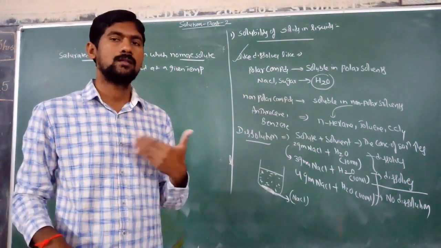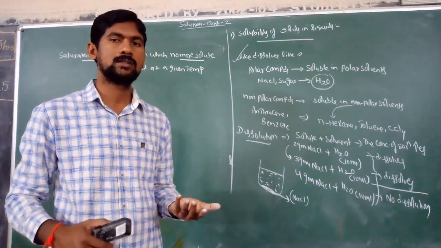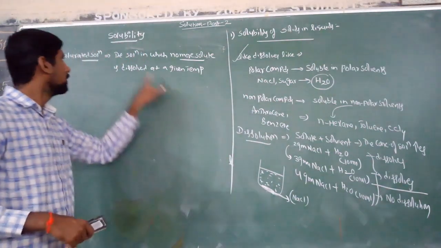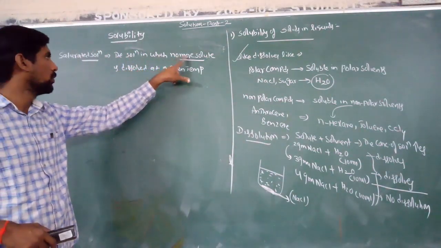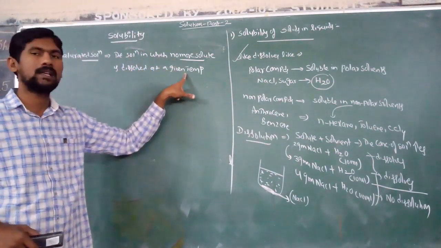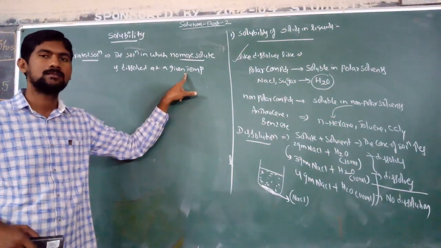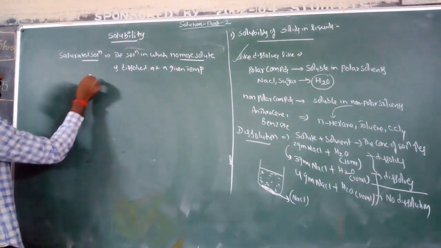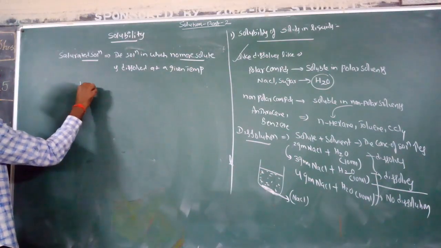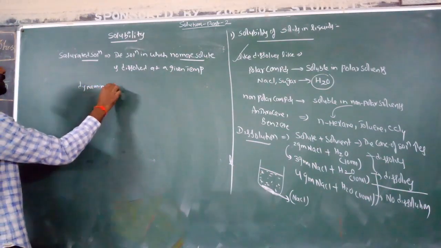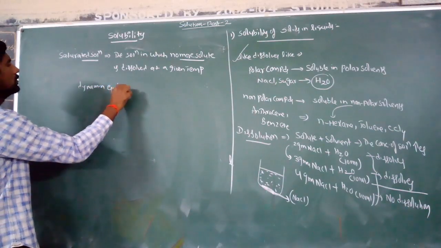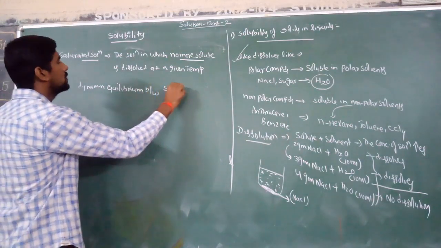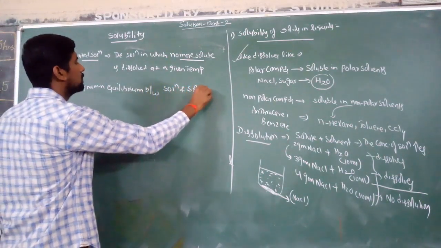You can add much more solute, but there is no dissolution. It will be precipitated. So the solution in which no more solute is dissolved at a given temperature is known as a saturated solution. And at this point, we have a dynamic equilibrium between solution and solute.